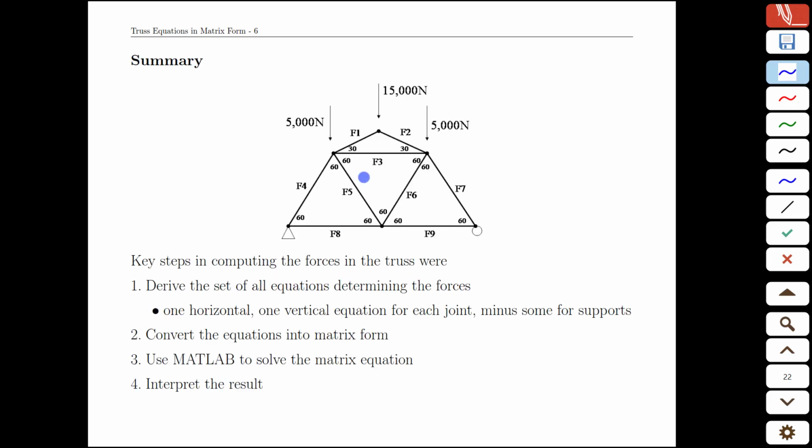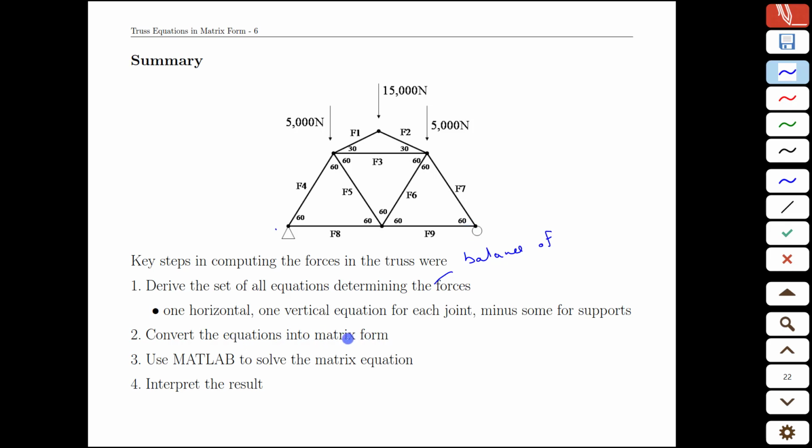In summary, what we went through there was deriving a set of equations that determine the balance of forces. Let's make sure that's implied in there, that we have the balance of the forces at each joint, horizontal and vertical. And we take away some equations for the supports. That's because some of them are automatically balanced by the pin, both horizontal and vertical, and the roller will automatically balance any vertical forces.